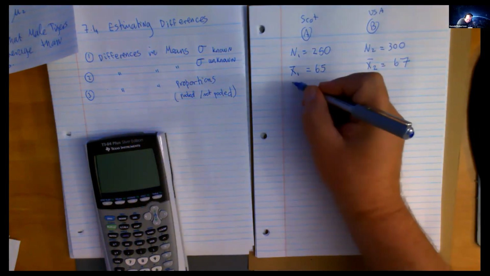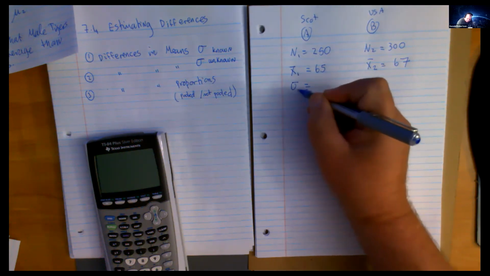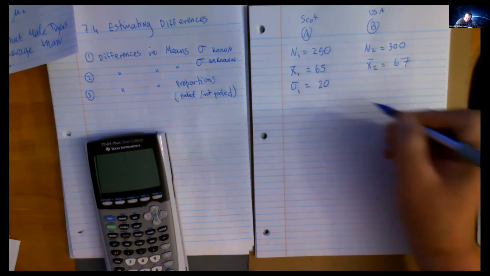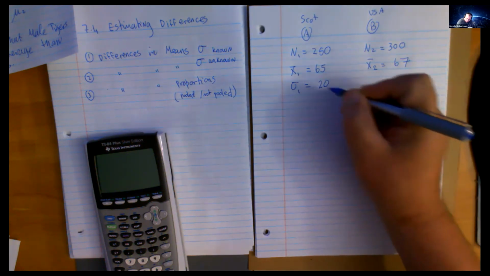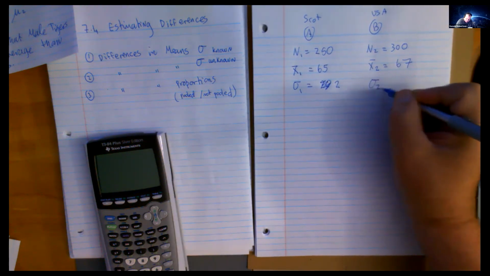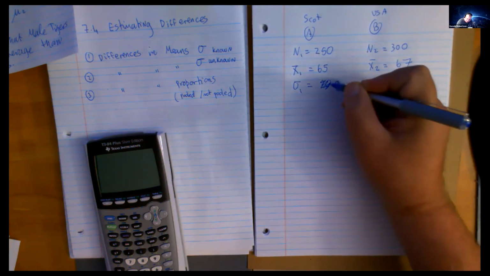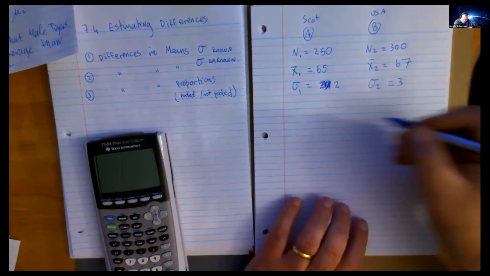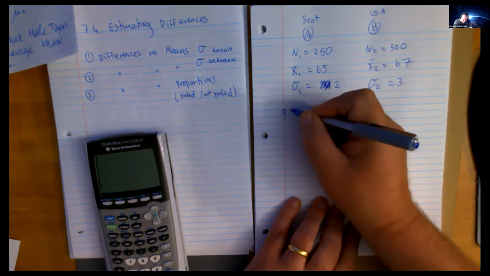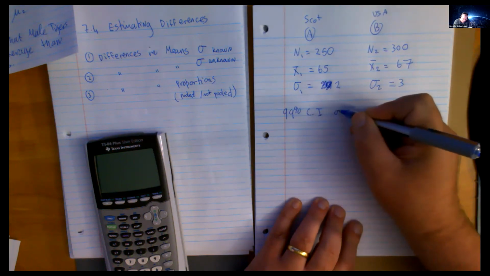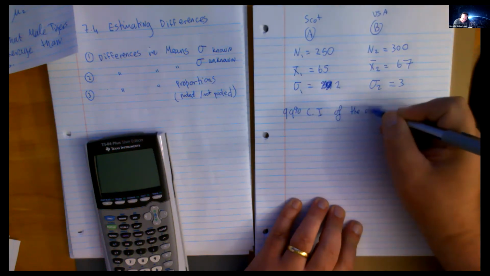And for some reason or other, I know that the standard deviation of Scottish people is 20. That's a bad number. 2, that's better. And for the Americans, it's 3 inches. And we are going to find a 99% confidence interval of the difference between them.